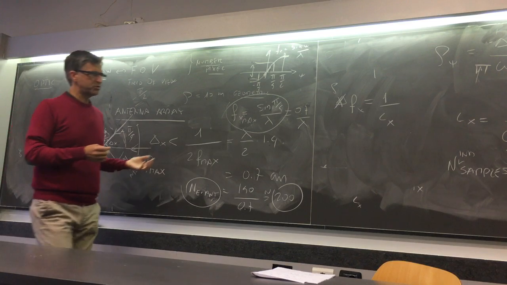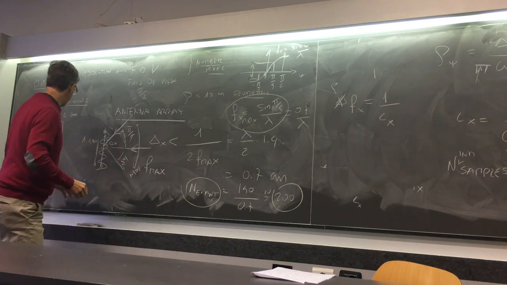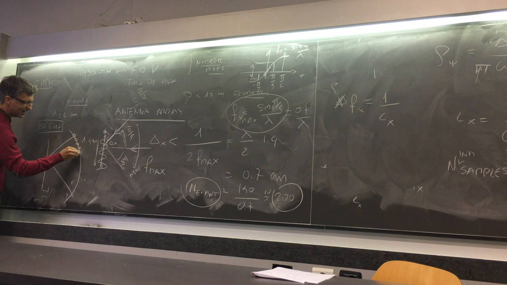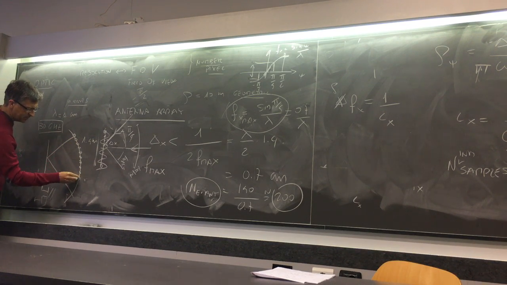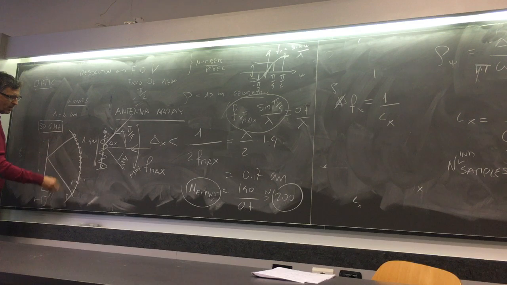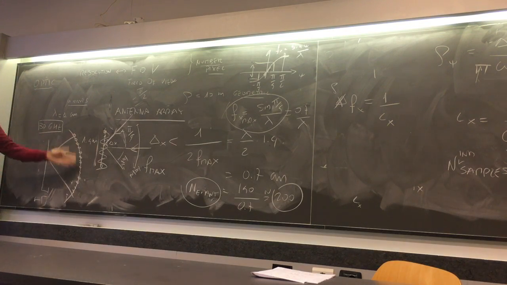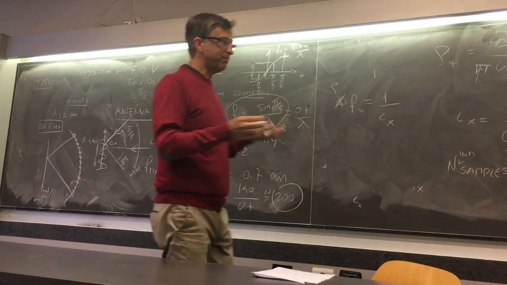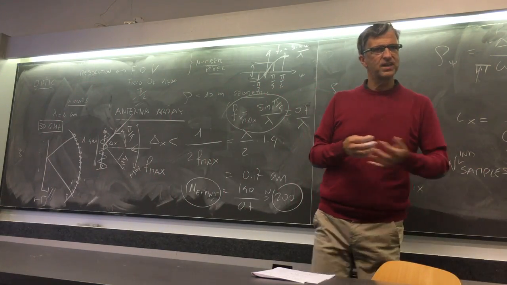If you want to observe 200 samples, because here you have a 10 meter and a pi over 5 field of view, and you have 100 microradians between two beams, you have here 170 samples. And to get 170 samples, you need about 200 antenna. Okay? So the number of antenna is equal to the number of samples.